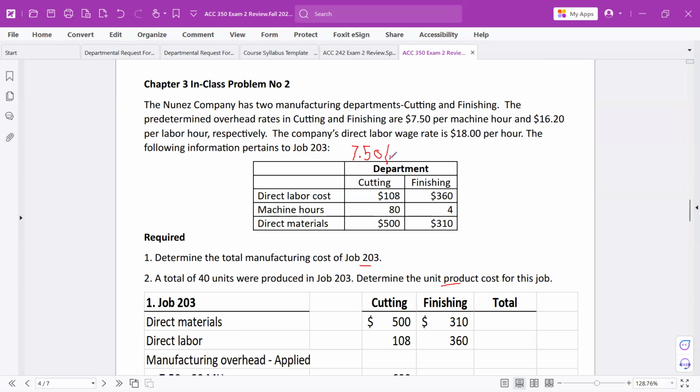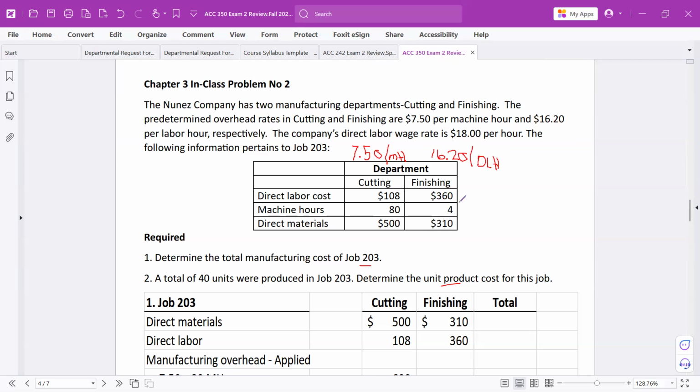So this department is per machine hour. And then the other department is $16.20 per labor hour, per direct labor hour.